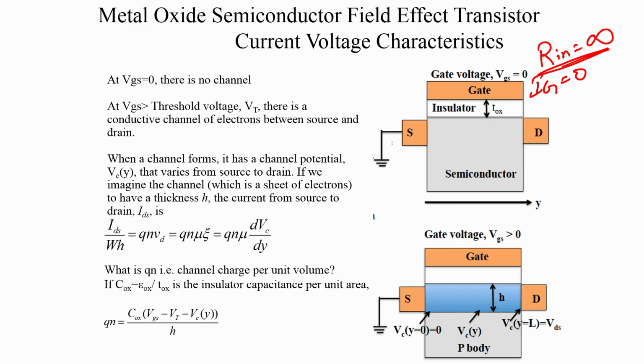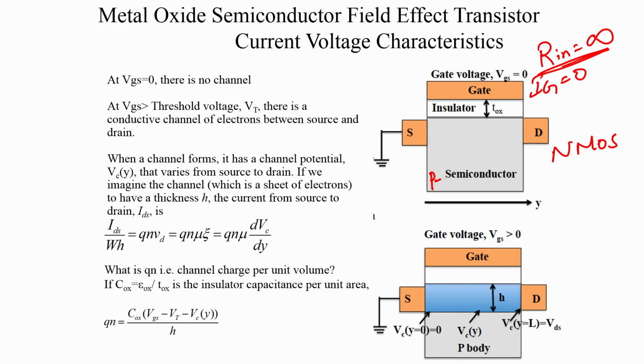Since we have discussed a P type body and a P type MOS capacitor, let us just stick with a P type semiconductor and an NMOS device, with an electron channel being formed at the interface during inversion. So, how does this device work?